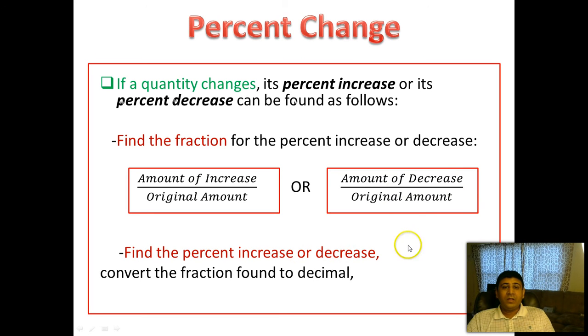How do you do that? Convert the fraction, whatever it is, into a decimal, and then multiply it by 100 and put a percentage sign with it. So amount of increase divided by the original, or amount of decrease divided by the original, will be a fraction. Use a calculator, convert this into a decimal, and then convert it into a percentage.